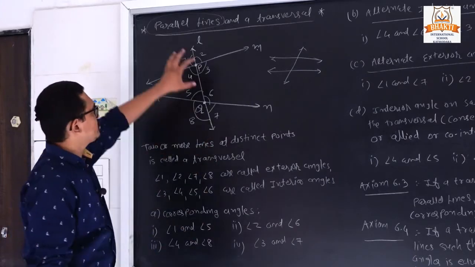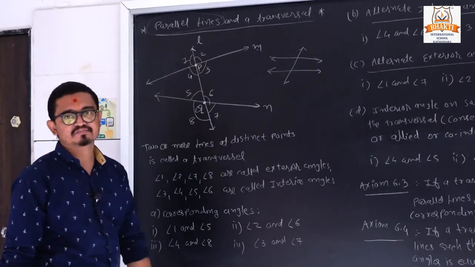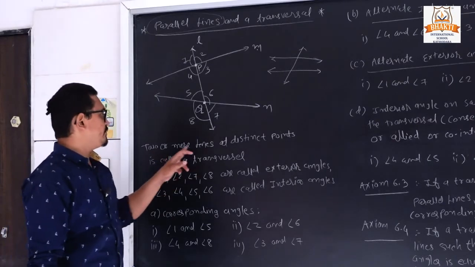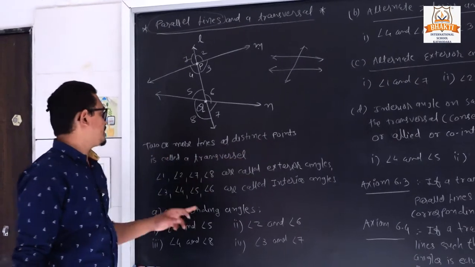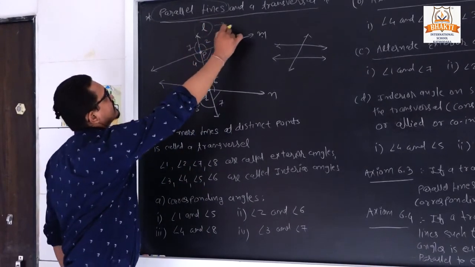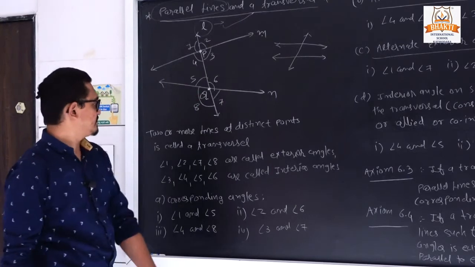Clear? So we have a total of 8 angles created here. A line that intersects two or more lines at distinct points is called a transversal line. So here L is known as a transversal line.